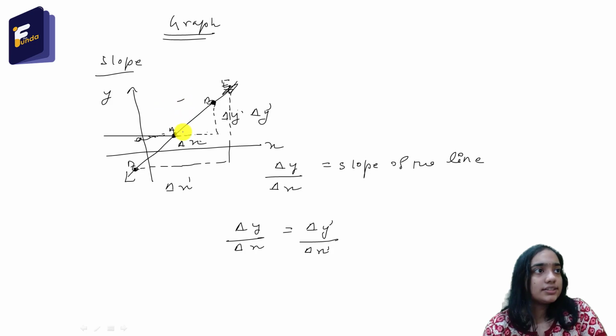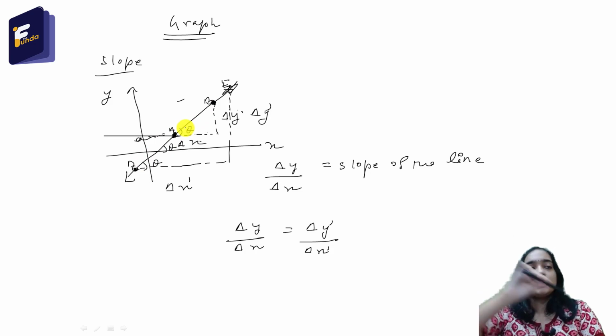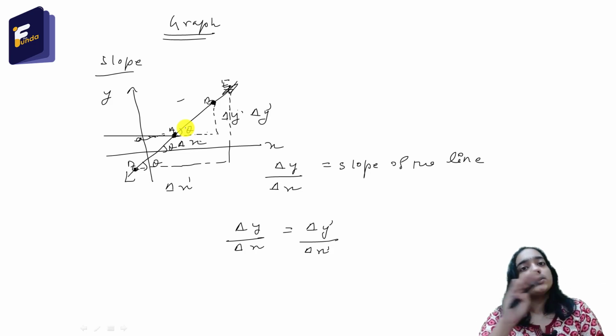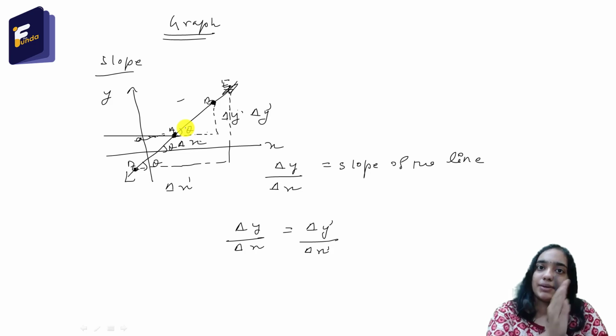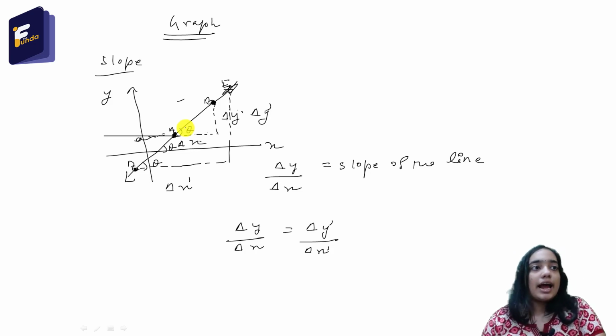Okay, you can see that if this angle is theta, then this angle is also theta, and similarly this angle is also theta. So as it is a straight line, every angle is theta. That is why the change in y by change in x is always constant, and that is equal to delta y by delta x, and that is equal to tan theta.